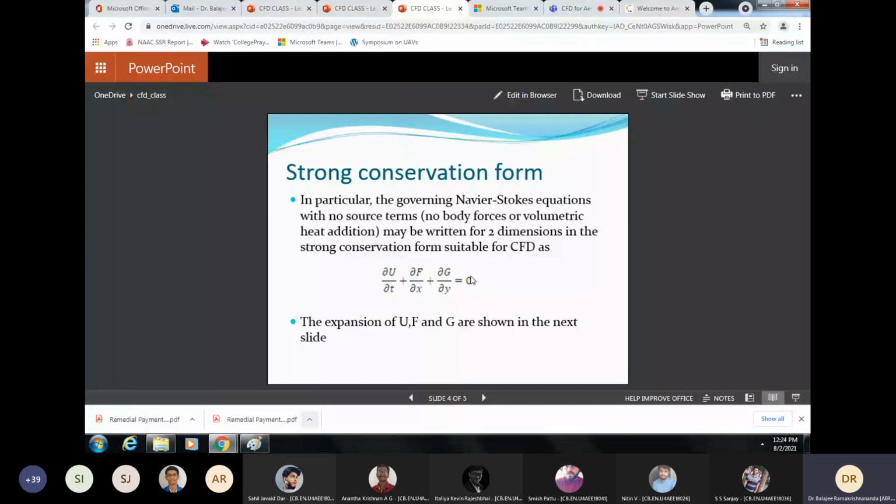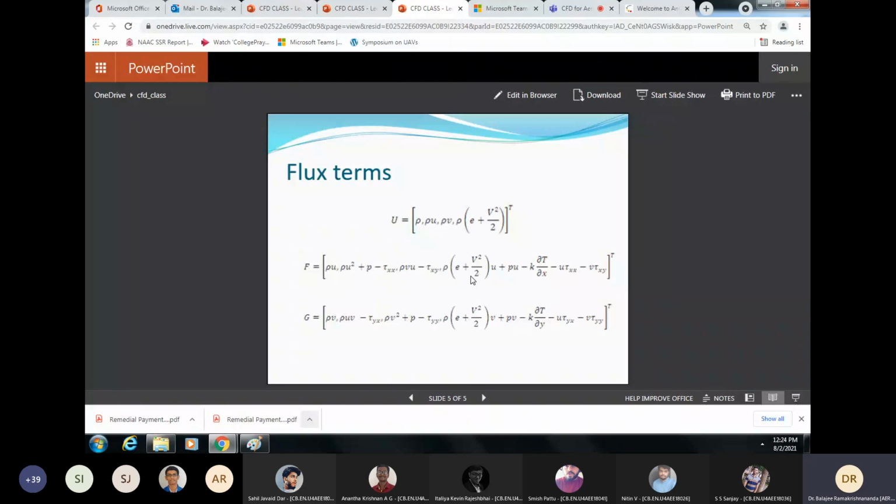This is also a strong conservation form because we can convert it to integral form later. The differential form can be converted to the integral form in the numerical integration. We will come to that later.